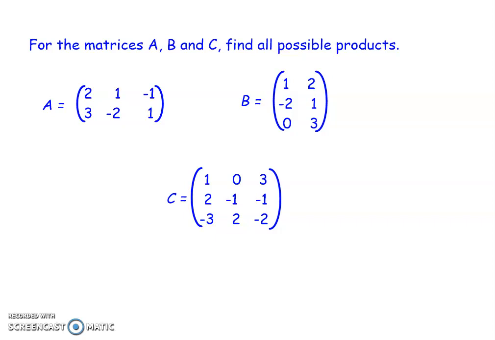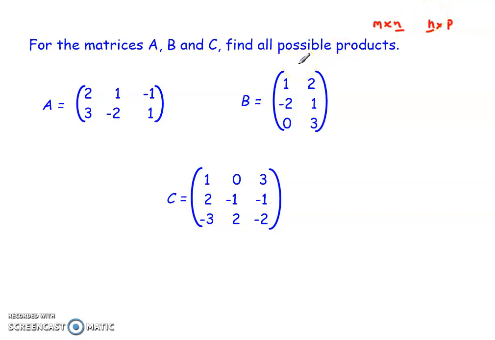Now remember, for two matrices to be multiplied together, if I have two matrices with the dimensions m by n and n by p, these two n's here need to be the same. So the number of columns in the first matrix has to be the equivalent of the number of rows in the second matrix.